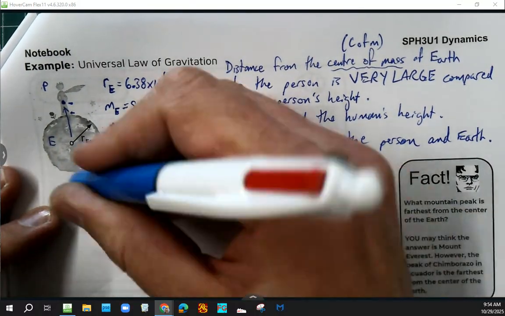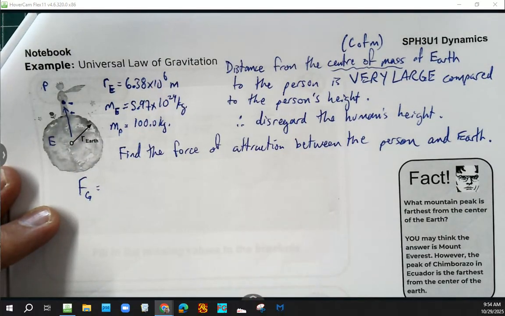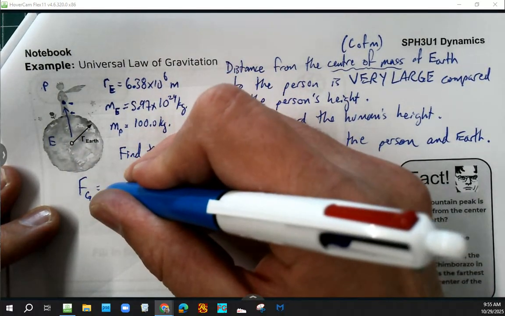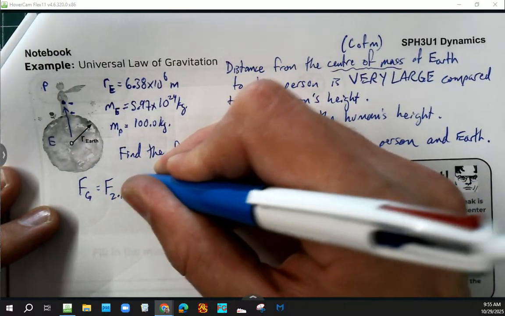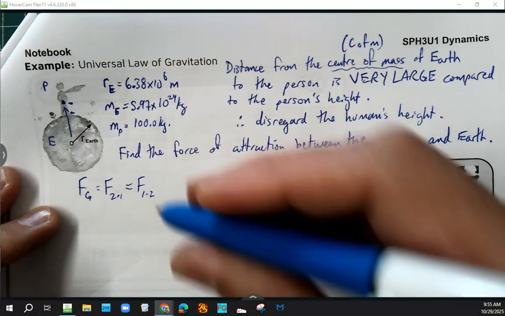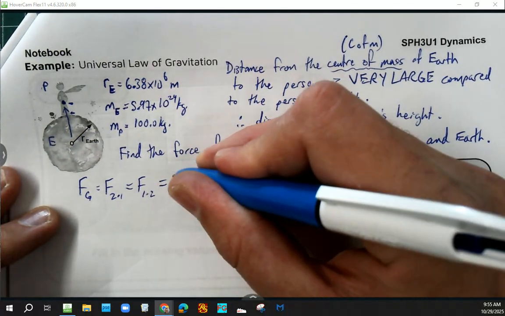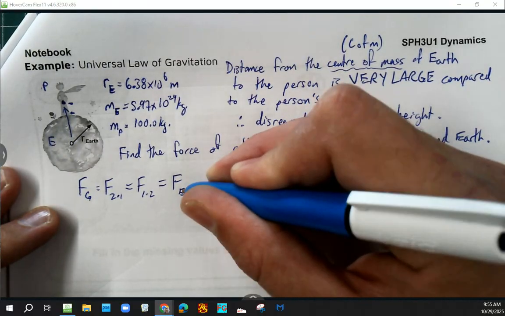And if that's all we were trying to do, we'd just say, well, okay, Fg, which really is gravitational force, and you could think of it as force of 2 acting on 1 or force of 1 acting on 2. Or in this case, even more specifically, we wouldn't use 1 and 2 as our indices. We talk about this as the force of Earth acting on the person.